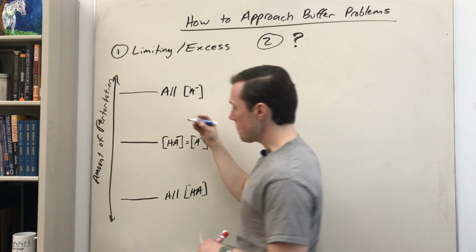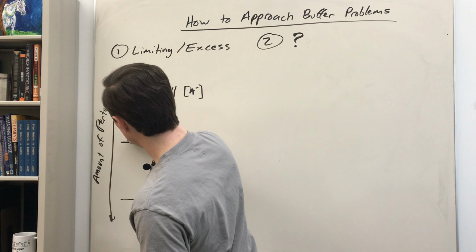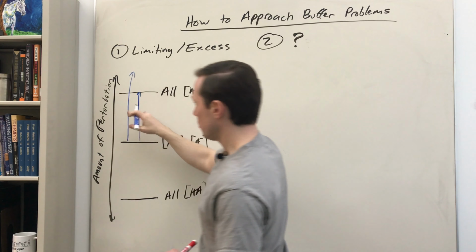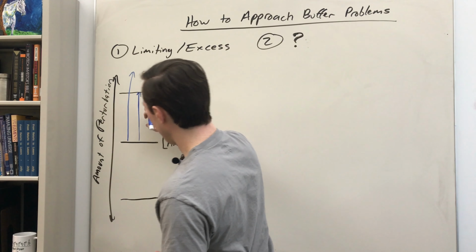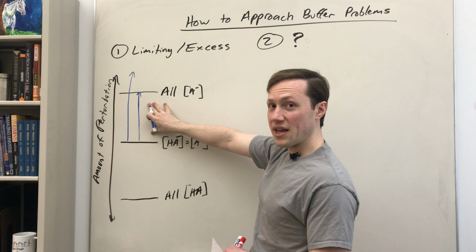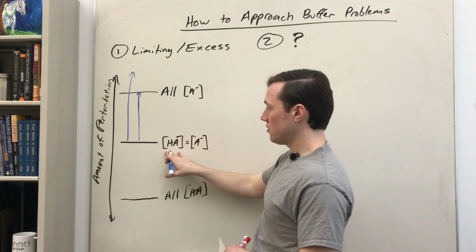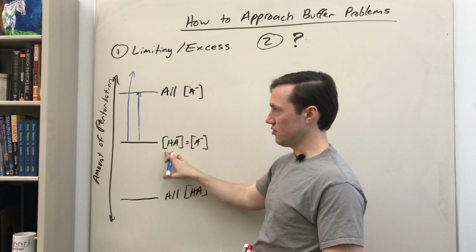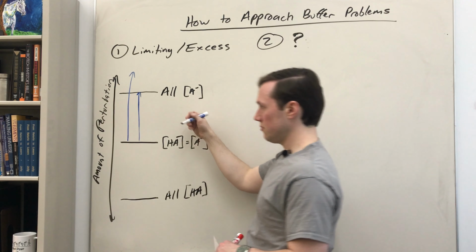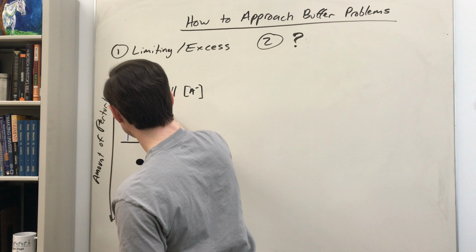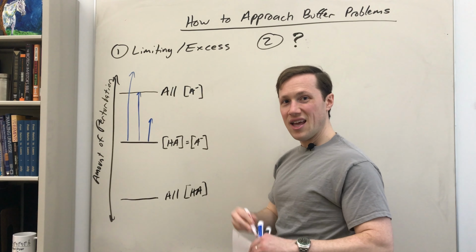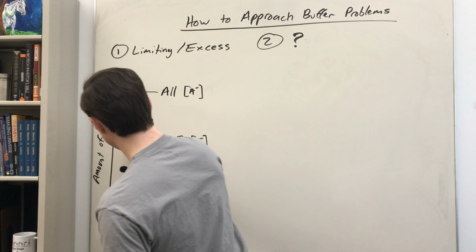So we can think about adding a stoichiometric amount, that is, an amount of strong base exactly equal to the amount of acid. That would bring us up to have just this base. And we can also think about adding acid equivalents to each of these.